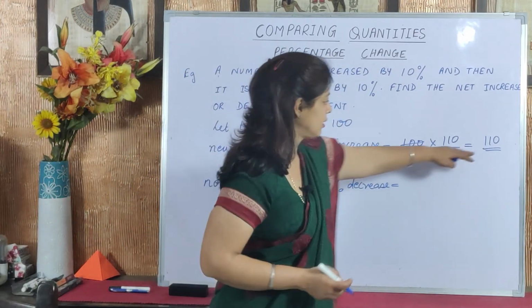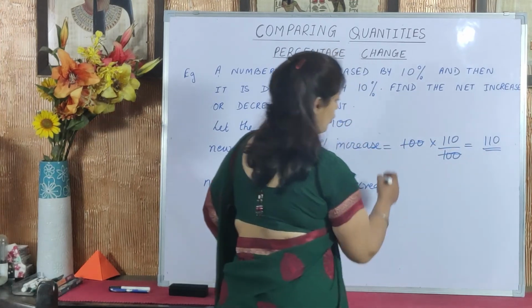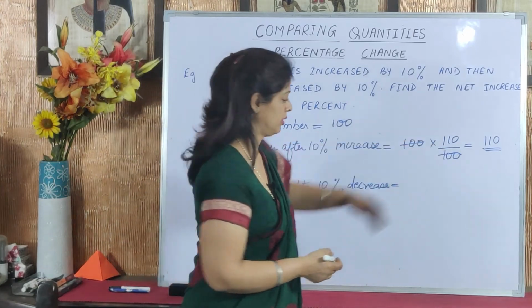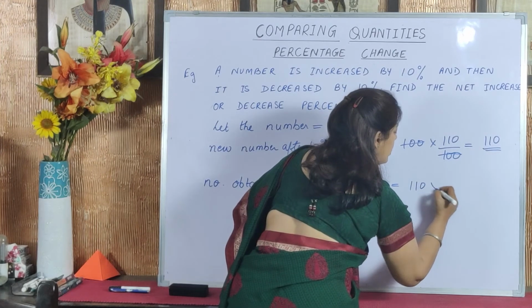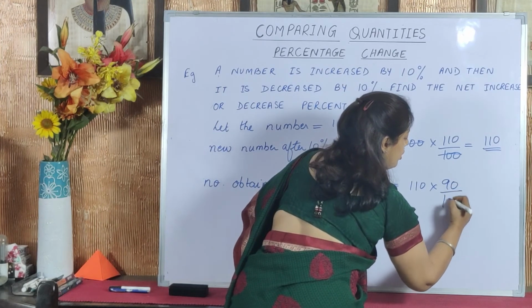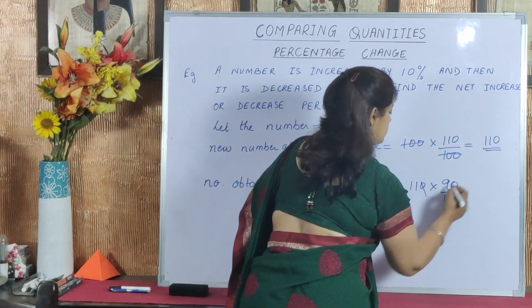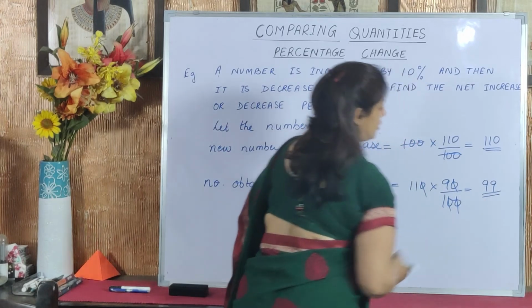But in this case, the number now in question is 110. So what is the decrease? 10% decrease on 110. So that is 110 multiplied by 90 upon 100. So I get, 0 gets cancelled, I am left with 99.